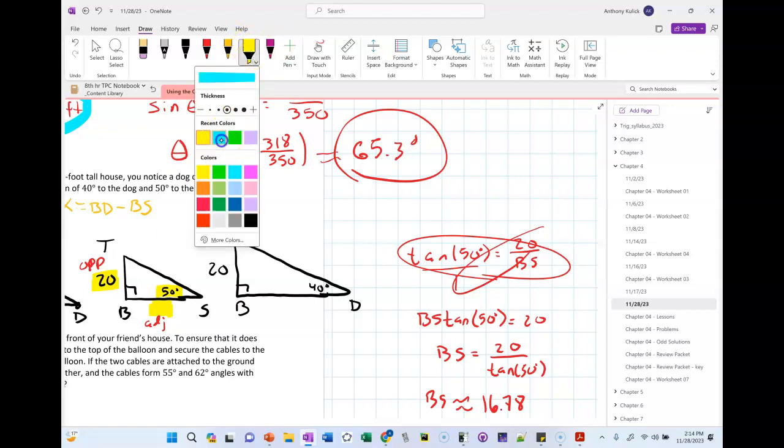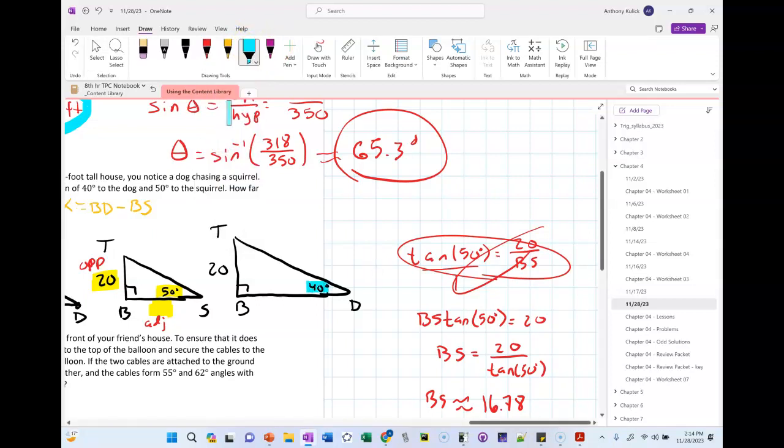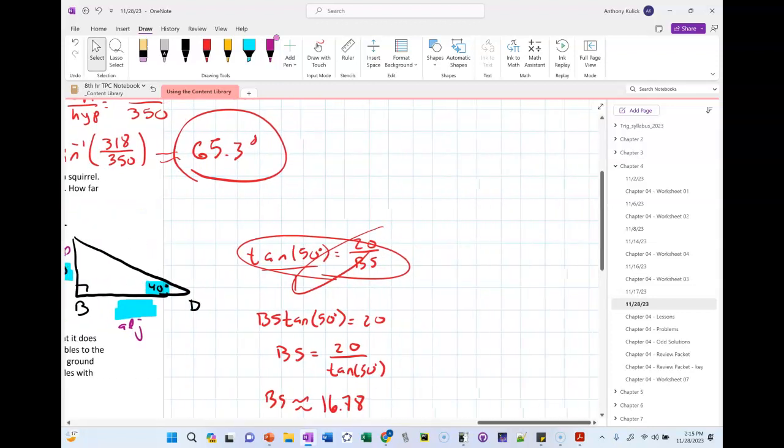Now, if I look at the next triangle, relative to the 40 degrees, 20 is opposite, adjacent, or hypotenuse? Opposite. And the side we want to know about, BD, is that opposite, adjacent, or hypotenuse? So which trig function should I use? Tangent.